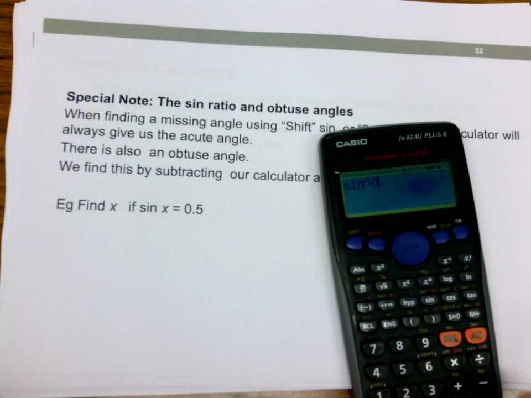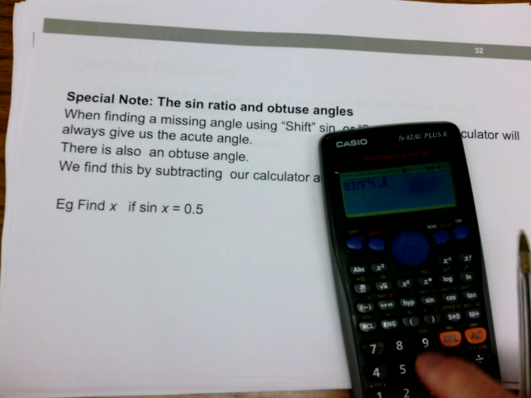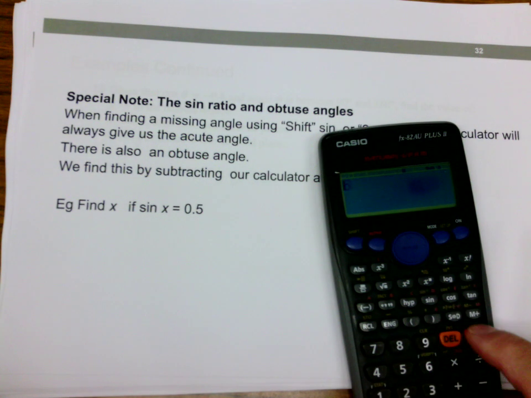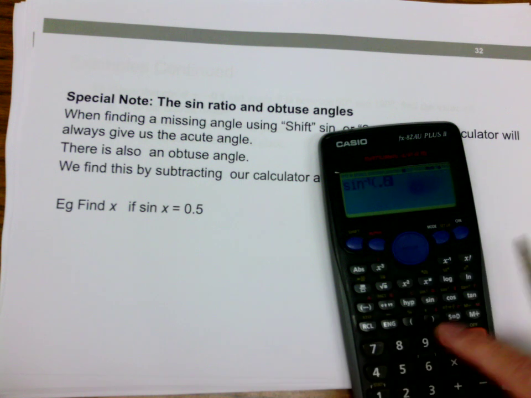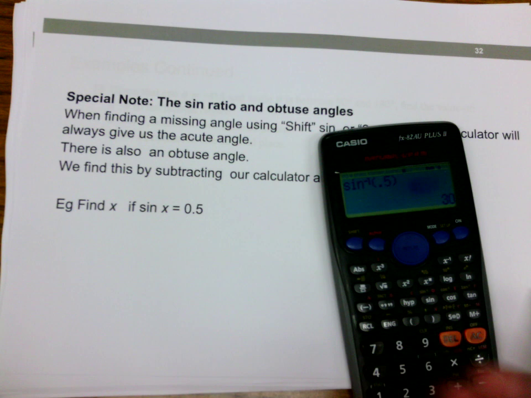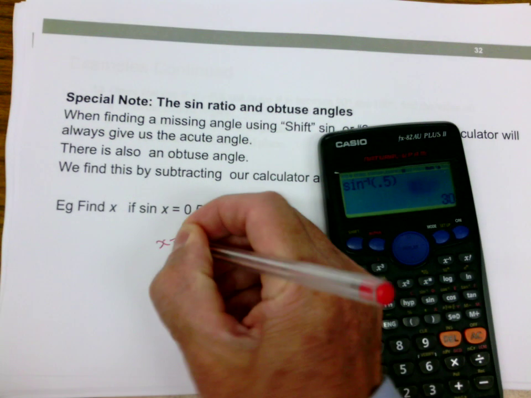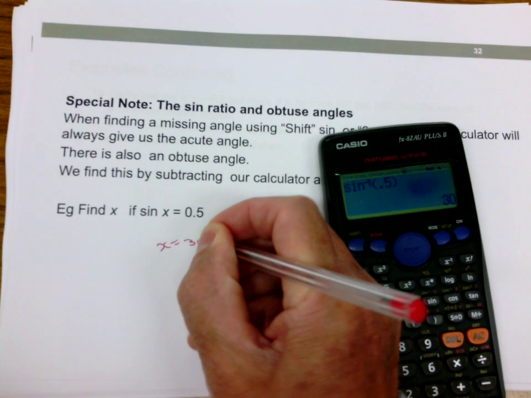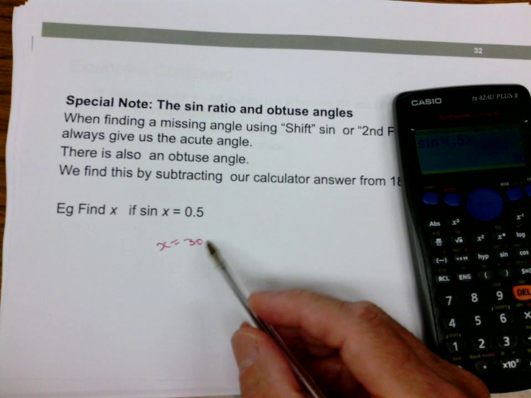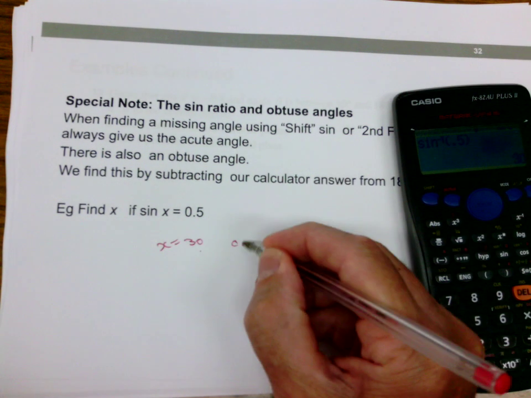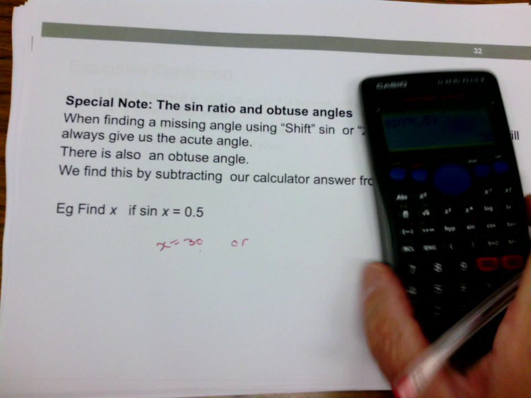So second function, 0.5. Okay, so I get 30. X this time instead of theta, doesn't matter. X equals 30, but do you agree it could be 30, or have a look at this.